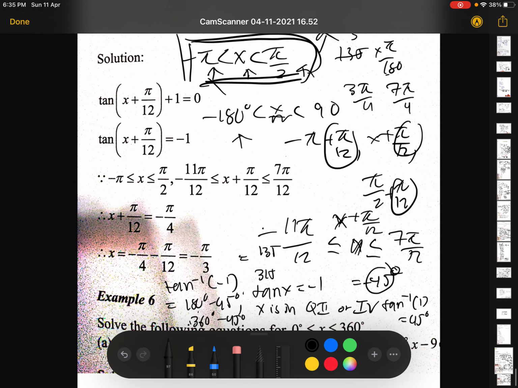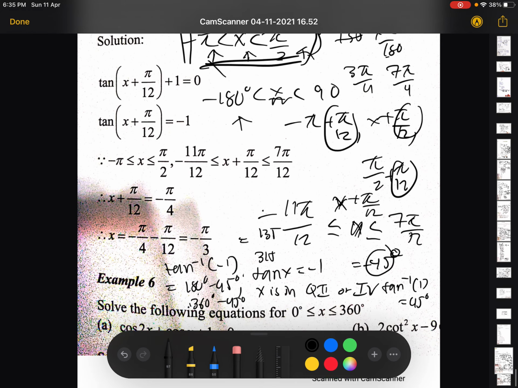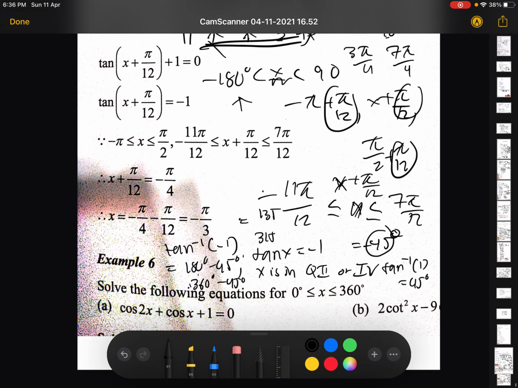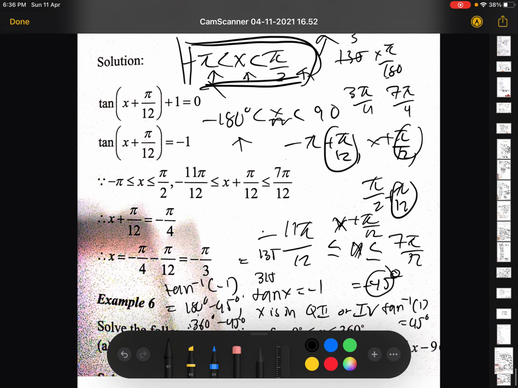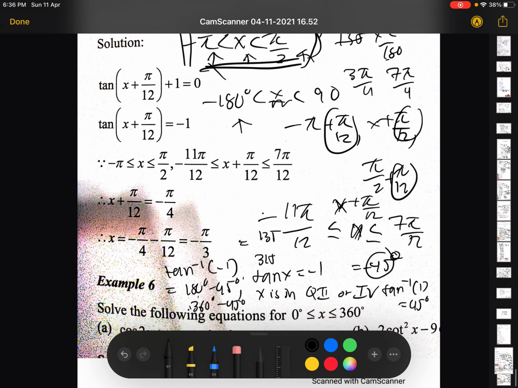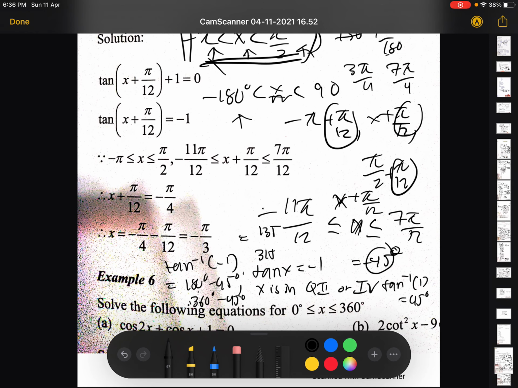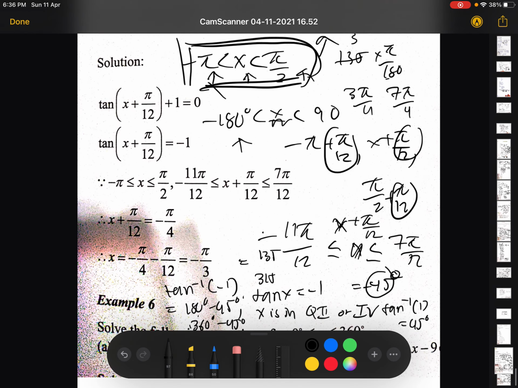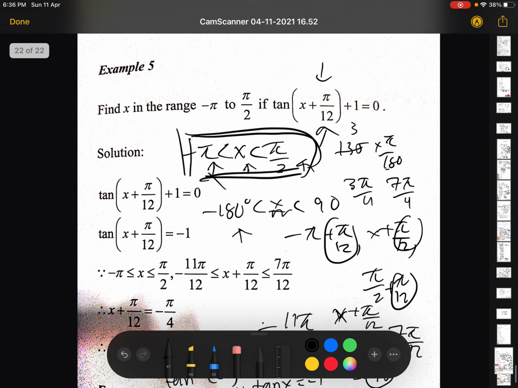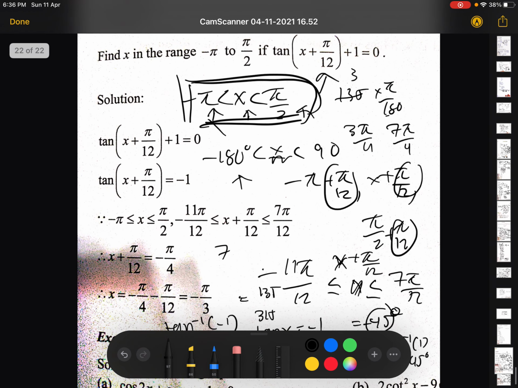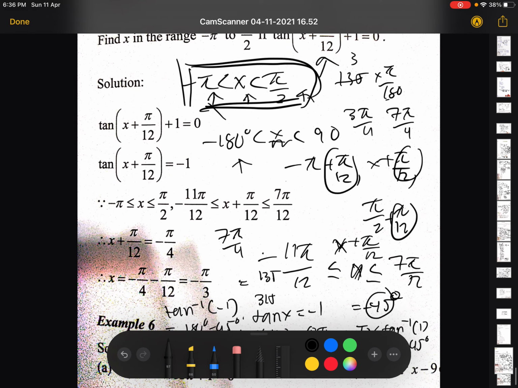But wait, actually, wait. Yeah, 315 degrees is equal to 7 pi over 4. But remember, 7 pi over 4 is greater than the domain here, because it's equal to 21 pi over 12. And anyone can tell me 21 is bigger than 7.